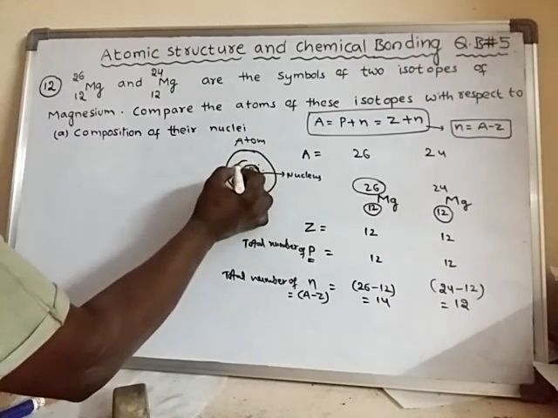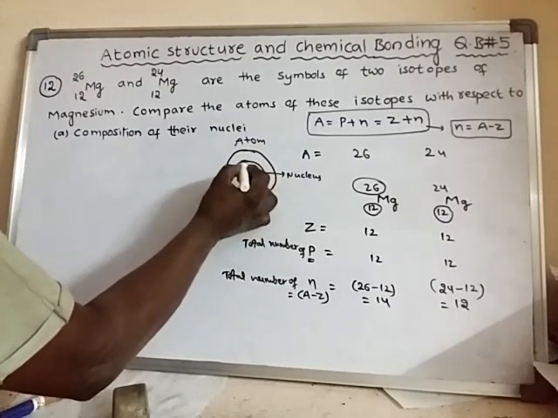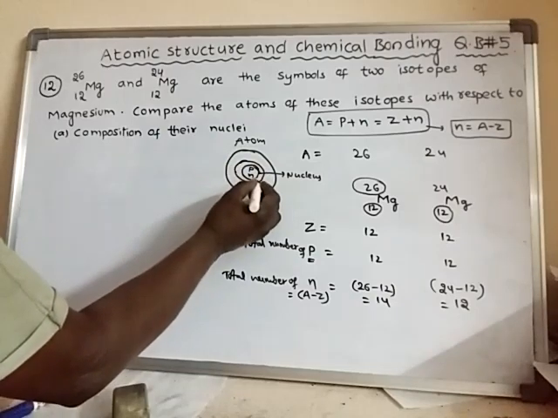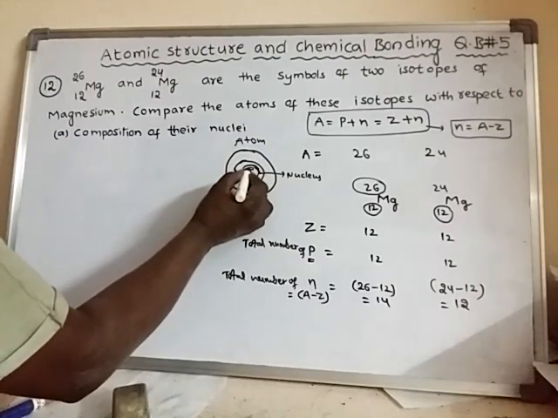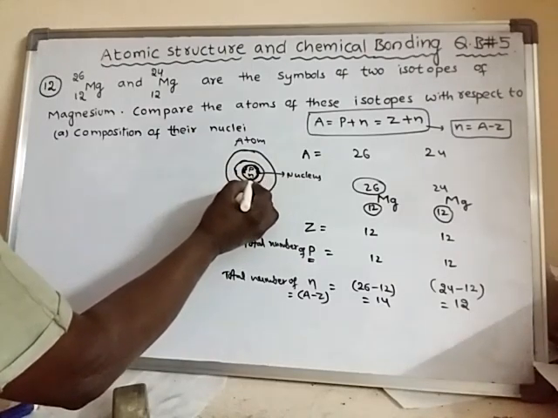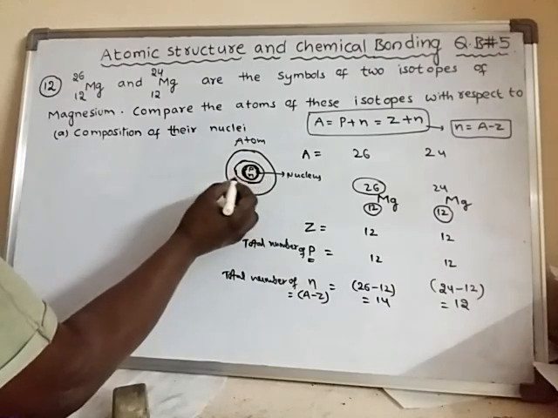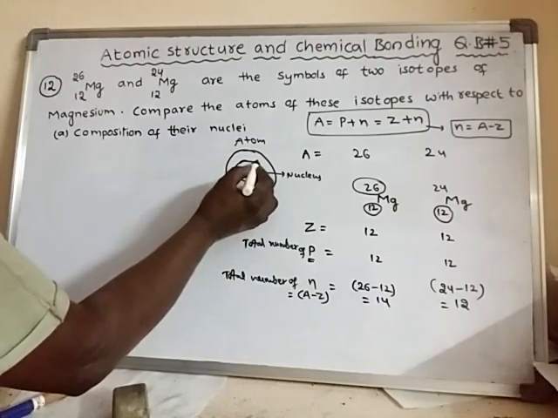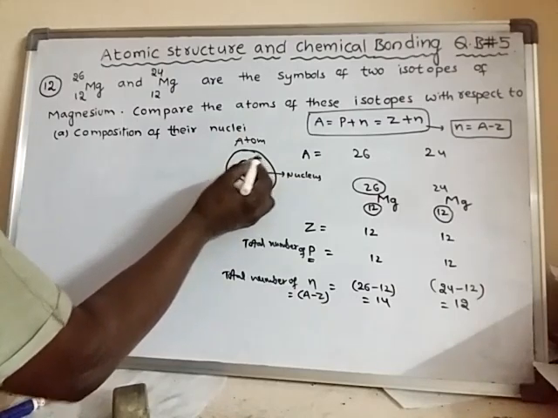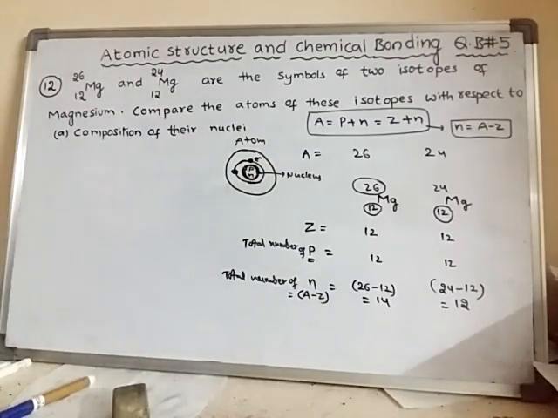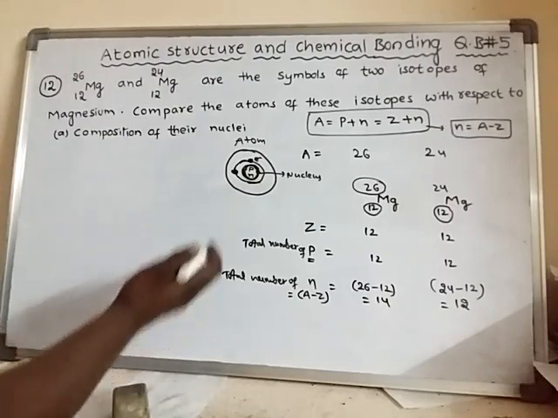This is the nucleus, and outside of the nucleus are electrons. Generally, electrons are represented by e minus.